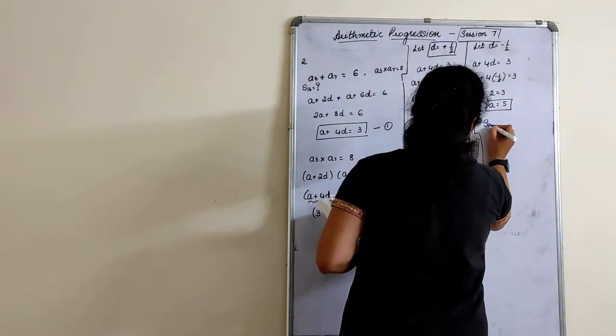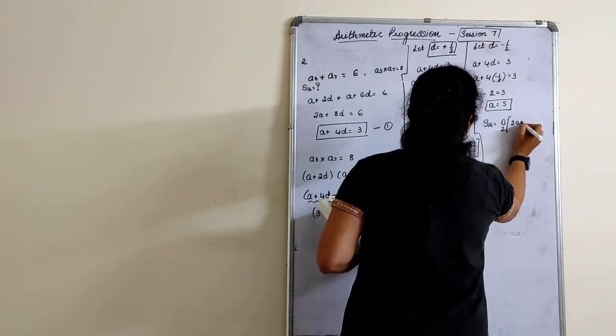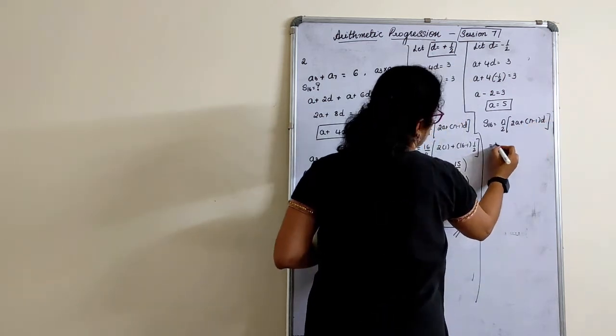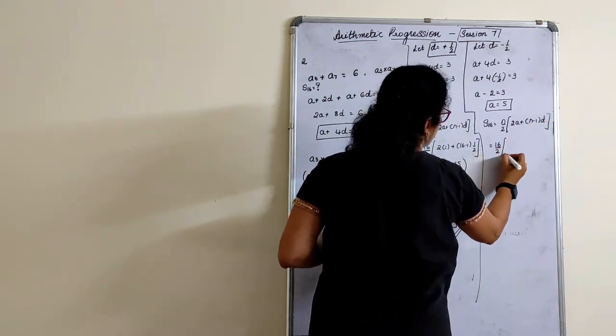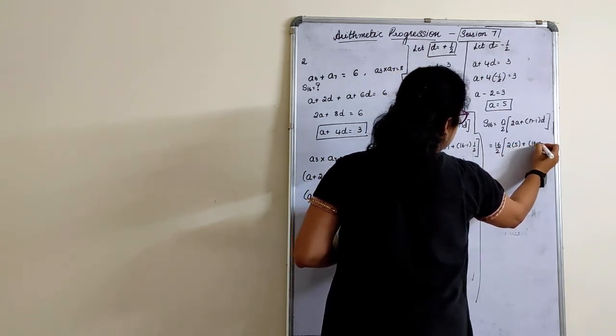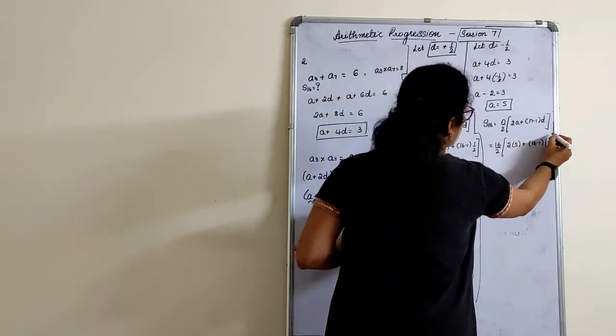S16 is equal to n by 2, 2A plus n minus 1 of D. 16 by 2, 2 into 5 plus 16 minus 1 of minus 1 by 2.